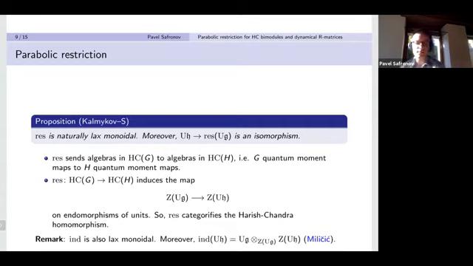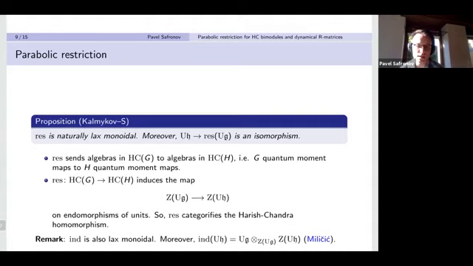Now, since it's a lax monoidal functor, it sends algebras to algebras. So if you have an algebra in Harish-Chandra bimodules for G, it gives you an algebra in Harish-Chandra bimodules for H. And I mentioned before that algebras in Harish-Chandra bimodules are the same as algebras with a quantum moment map.